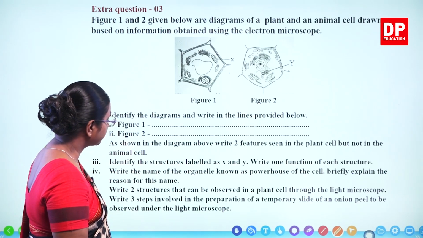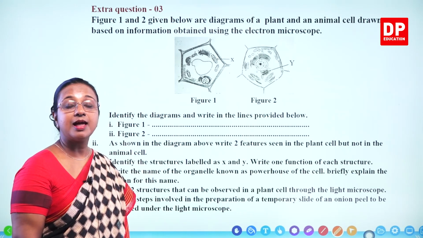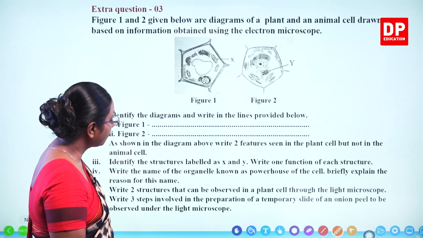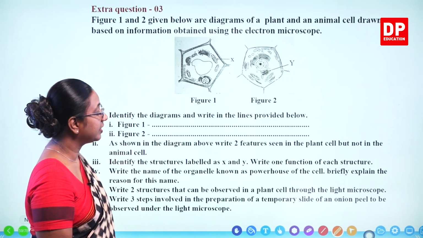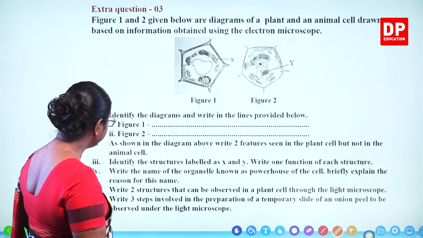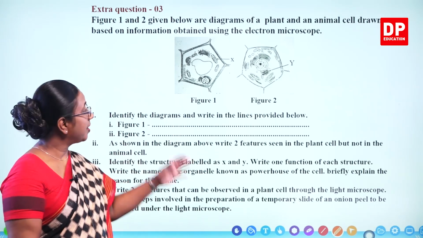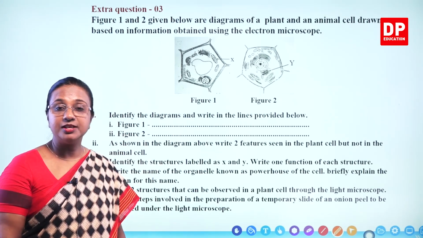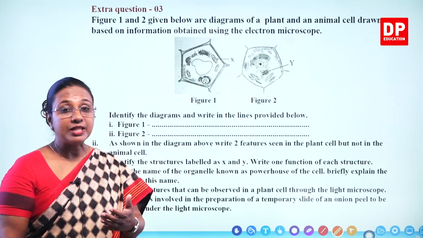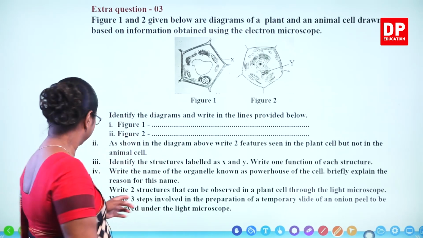Write 2 structures that can be observed in a plant cell through the light microscope. Write 3 steps involved in the preparation of a temporary slide of an onion peel to be observed under the light microscope. I am sure you can answer all the questions by yourselves first. So do that and then listen to my discussion.